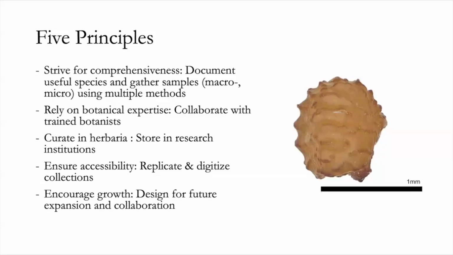The National Herbarium of Tanzania is in Arusha. University of Dar es Salaam also has an herbarium. We are also partnering with the East Africa Herbarium, which is associated with the National Museum of Kenya in Nairobi, and the National Herbarium of Ethiopia, which is associated with the University of Addis Ababa.